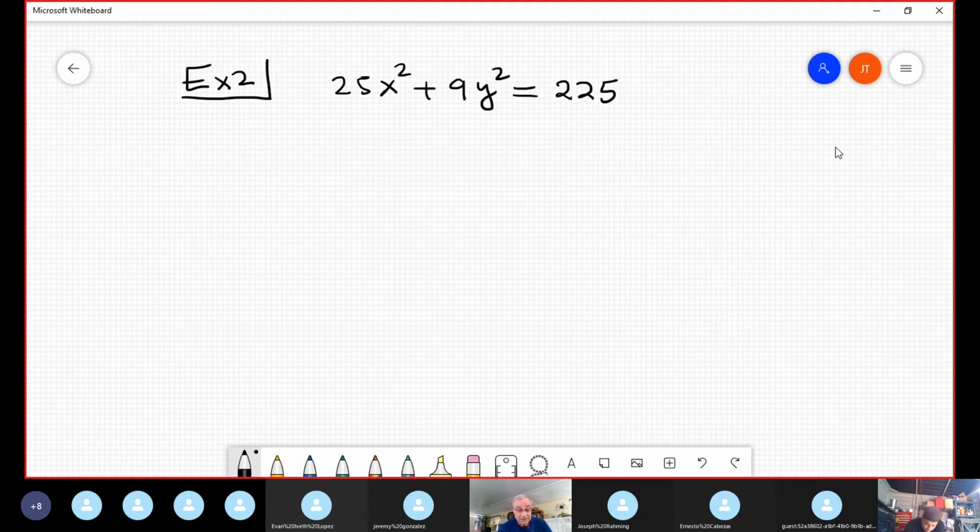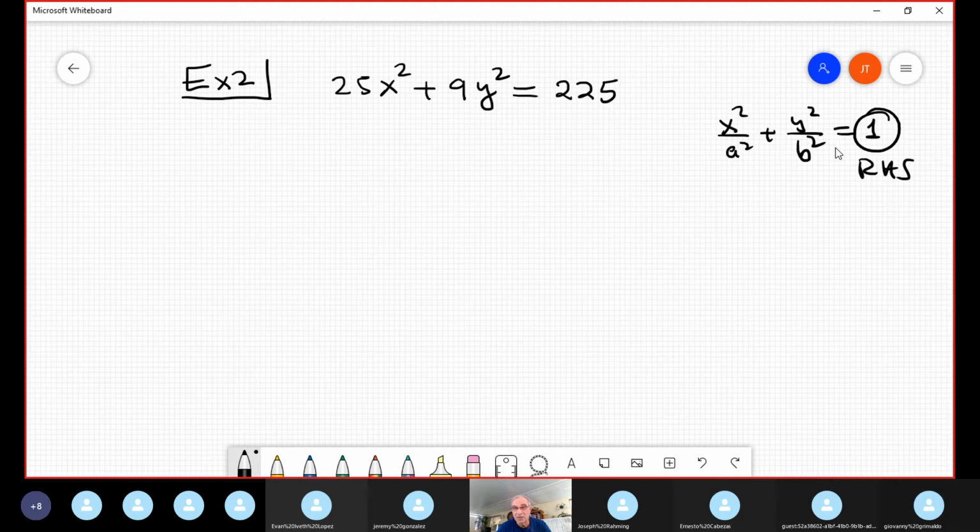Well, when you identify an ellipse, one clue is that x and y are both squared, the coefficients are positive, and there is a plus in between. But it's obvious that it's not already expressed in standard form, because standard is x squared over a squared plus y squared over b squared equal 1. So the right hand side must be 1 in standard.